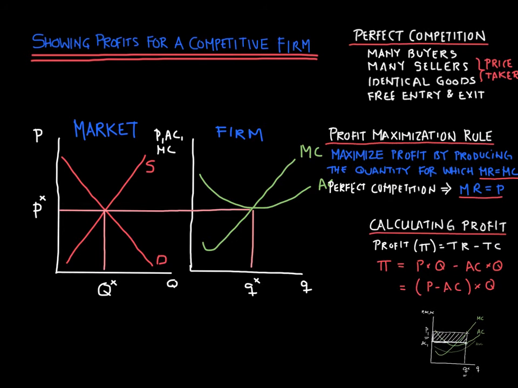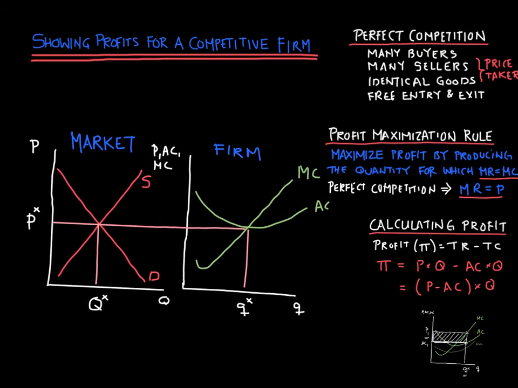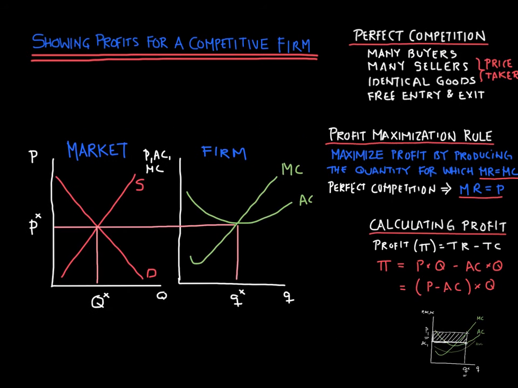So this firm was making profits in the short run there, but we saw before that you have free entry and exit. So in the long run, we would expect that other firms will enter and therefore bid down the price, and the firm will get back to zero profit. Let's see how that works. So in this example, here we have a long run outcome.